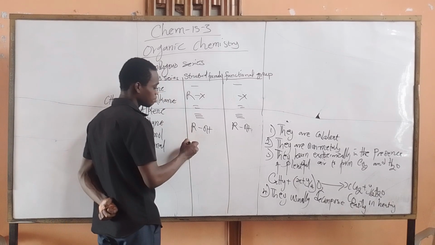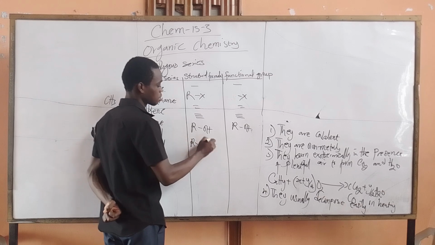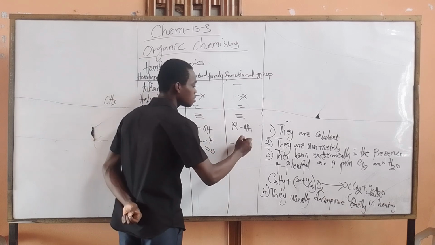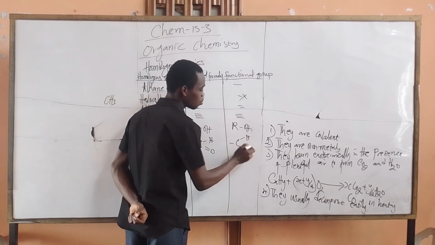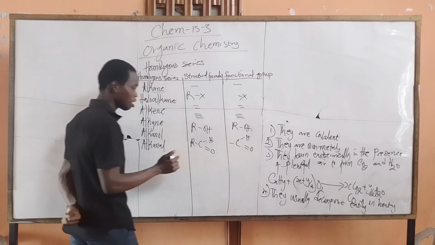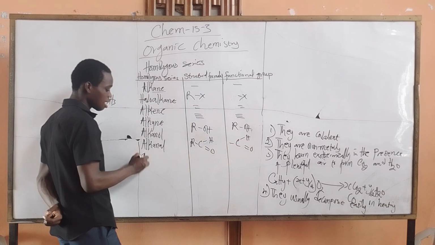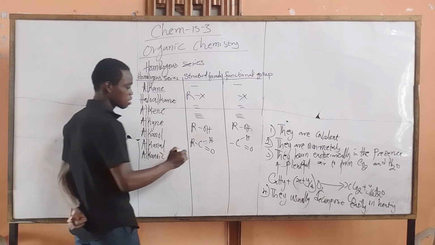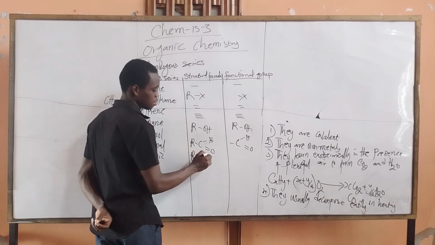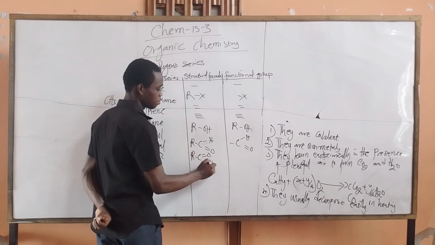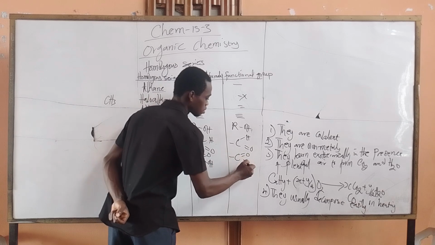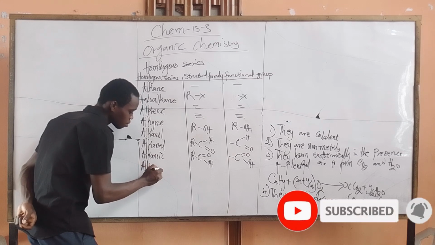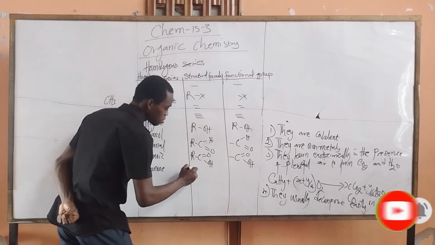Here we have the CHO. This is the alkanal. Here we have the alkanoic acid. Here we have the alkanone. Alkanones are also known as the ketones.